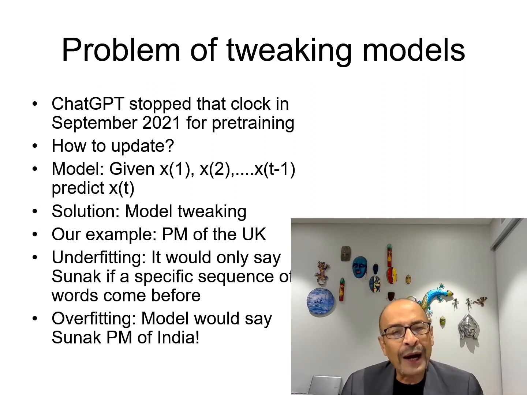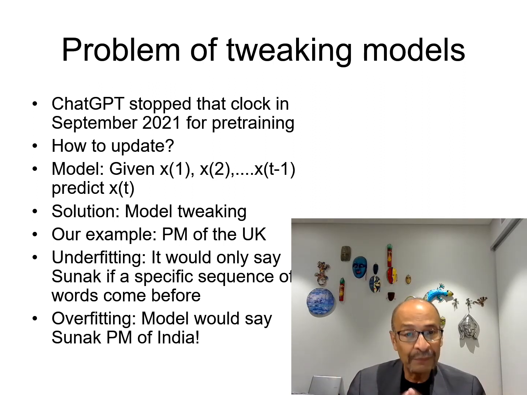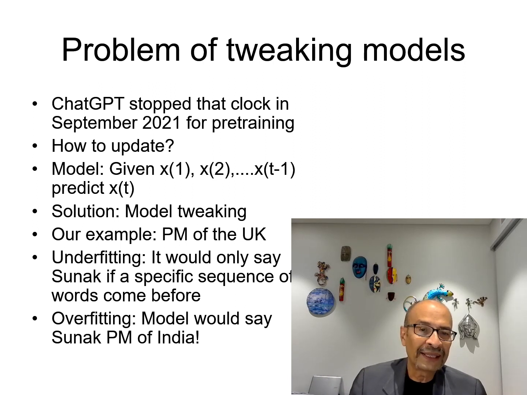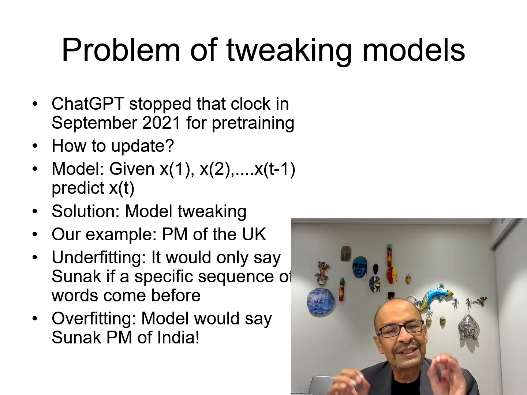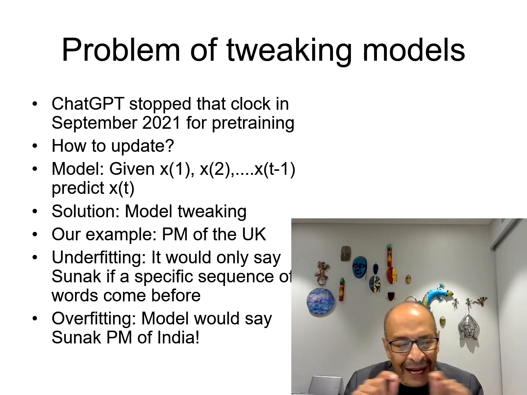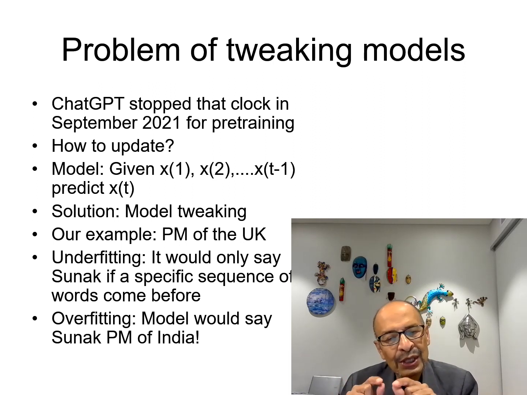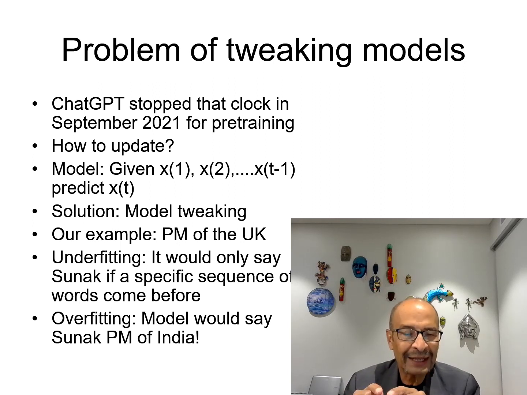But in order to try to update these models, what you need to do is to tweak the model. So in our example, the PM of the United Kingdom, if you say that it is Rishi Sunak and you include that in that model, then if you do it by, roughly speaking, underfitting the model, you will do it by looking at a sequence of words that come before Rishi Sunak, and then you try to fit that in that context.